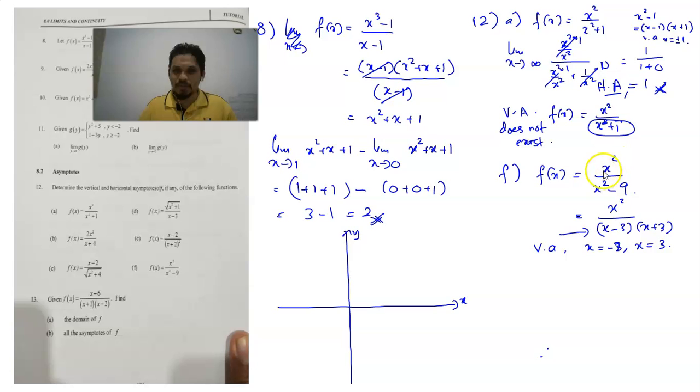From this equation, x squared divided by x squared minus 9, factorize x squared minus 9 and come up with x minus 3 and x plus 3.